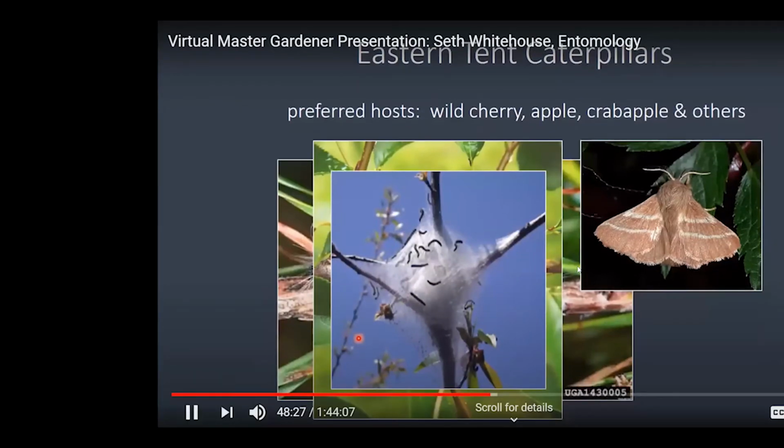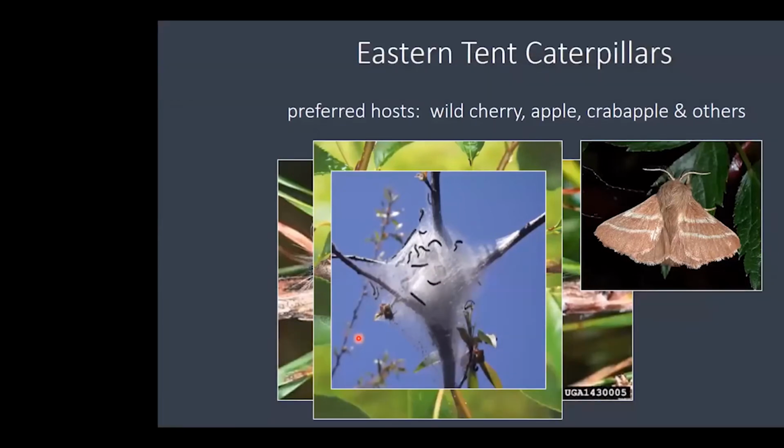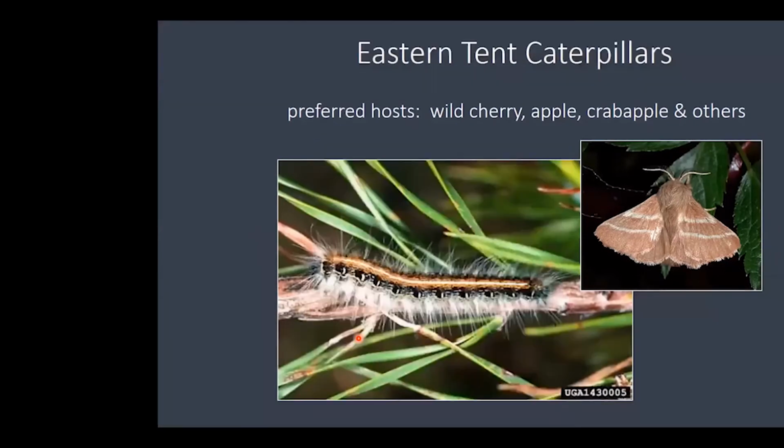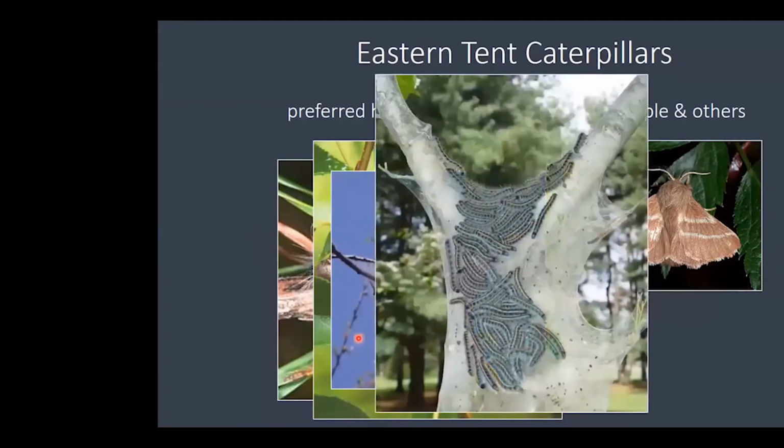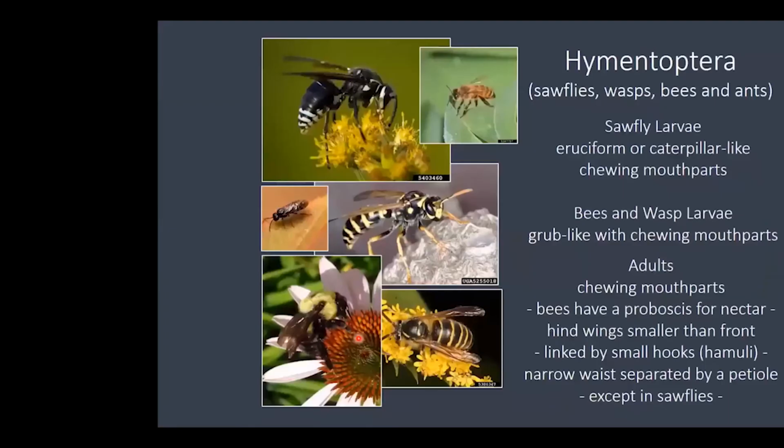You're probably not going to have to control them as often, but just so you're familiar with them, I want you guys to know that it's the eastern tent caterpillar, very common in our area, and it kind of makes like a cotton candy ball is kind of what it looks like. Good example of them hatching there, and you can spray for them if you'd like to.